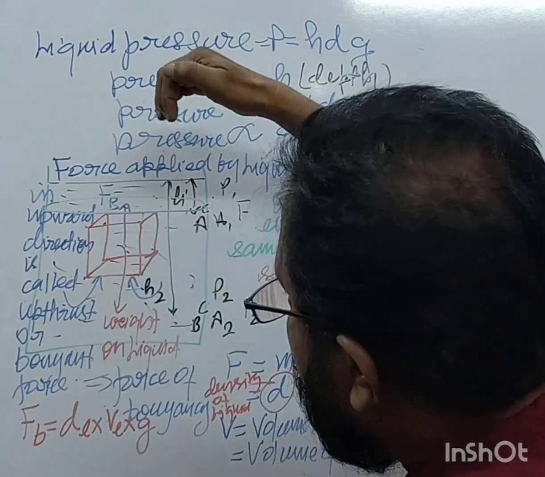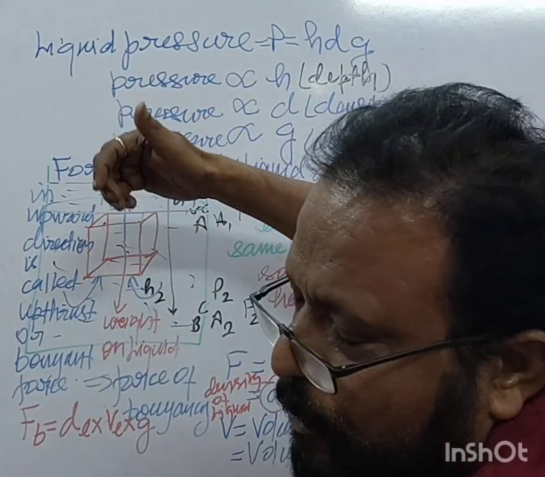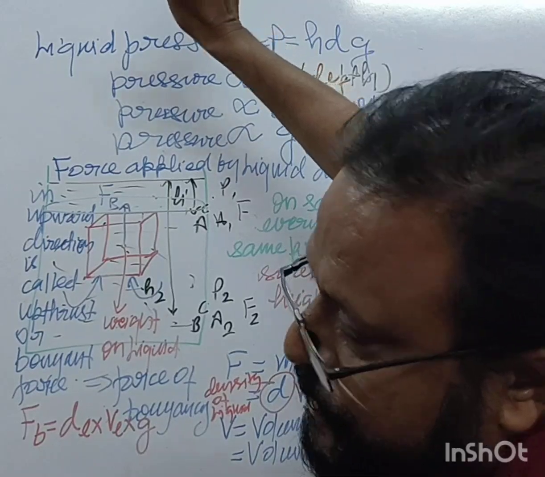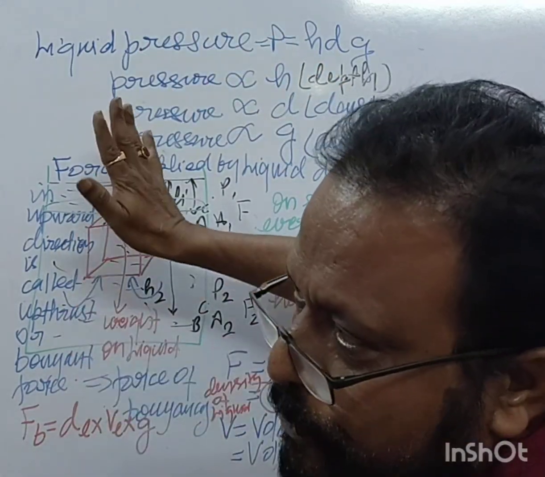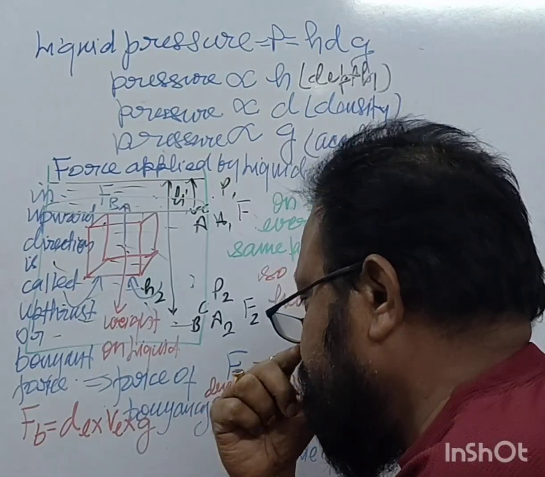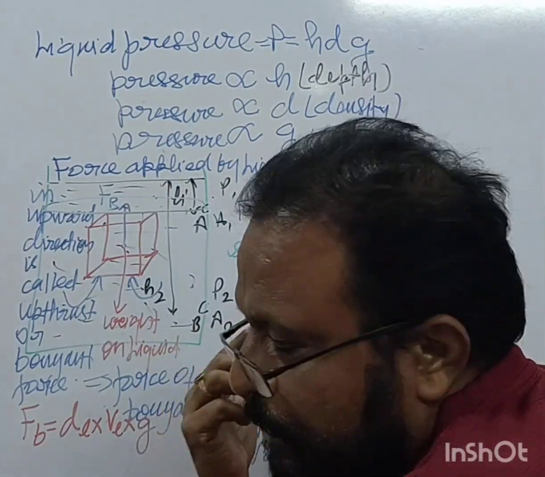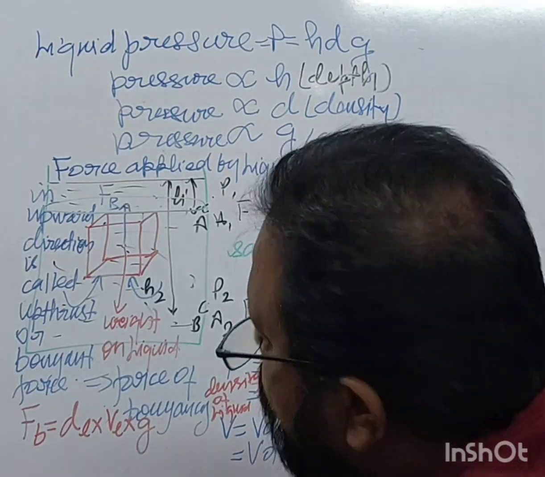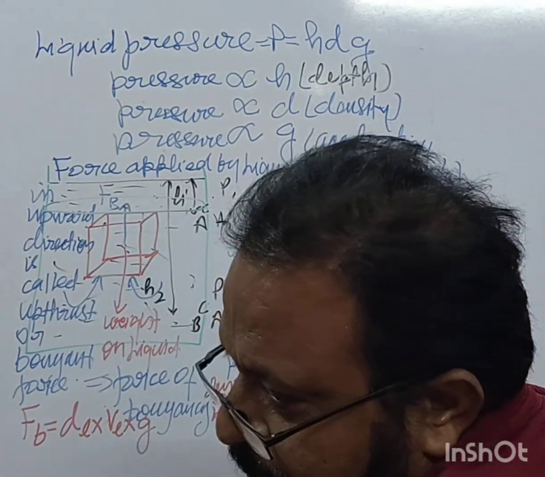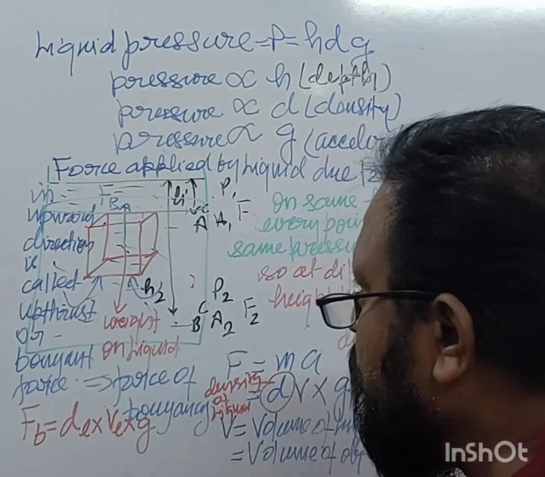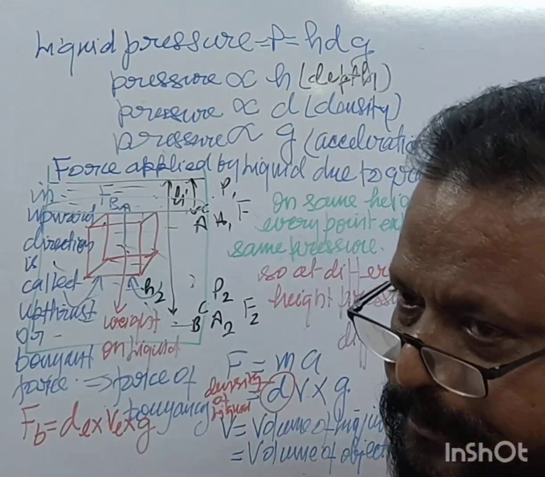The force of the object is always in downward direction, and force of liquid is in upward direction. So buoyant force is always upward, and it is equal to density of liquid into volume of liquid into acceleration due to gravity, right? This is all about buoyant force. Okay?